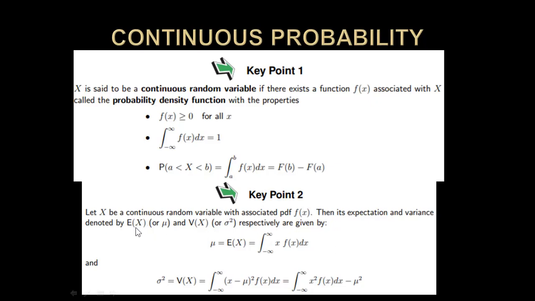For continuous probability, expected value is equal to the mean population. And V of x is actually your variance. For continuous probability, variance is represented as V of x, respectively given with the following mathematical representation.